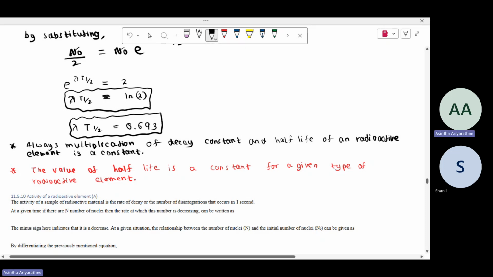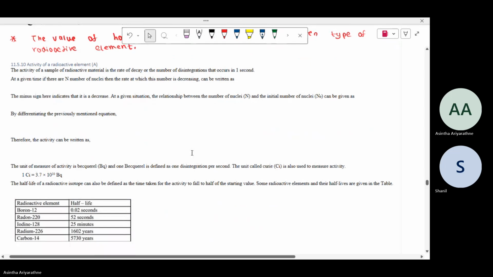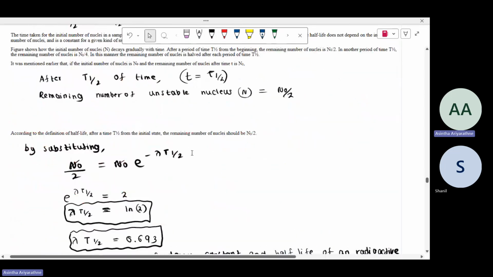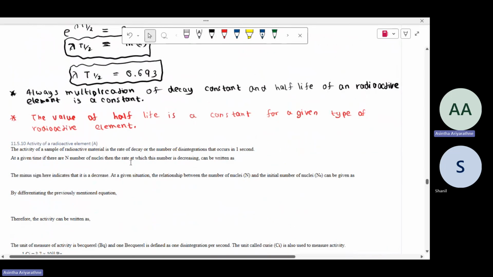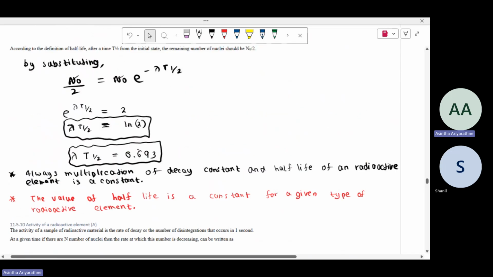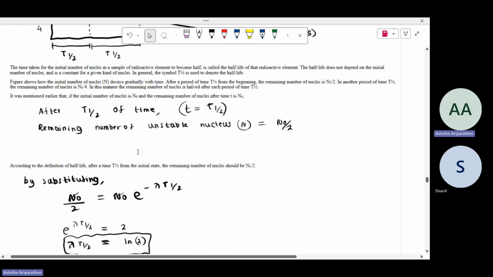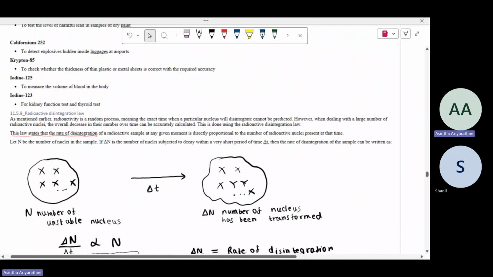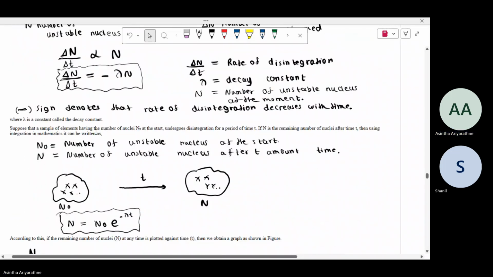Then some definition: the activity of a radioactive element. Right? It is not actually very different from the earlier disintegration law.